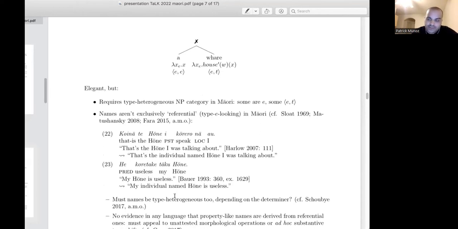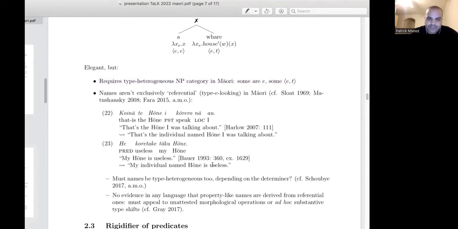This is pretty elegant and simple, but the problem is, number one, it requires you to say that NPs are type heterogeneous in Maori. Some have to be e, some have to be et. That's kind of a theory-internal concern. It depends on what you think the mapping between syntactic and semantic categories is. But if you want NP to be homogeneous, you can't say that, right?